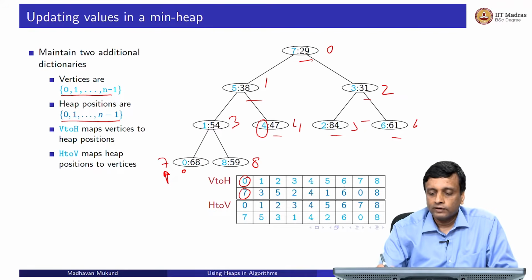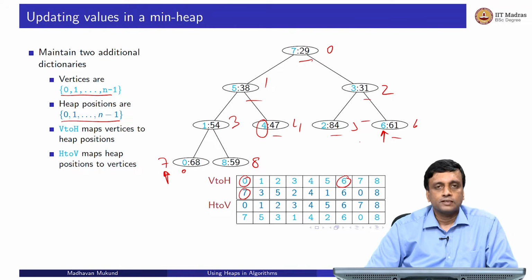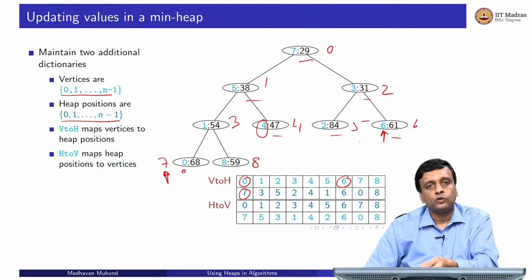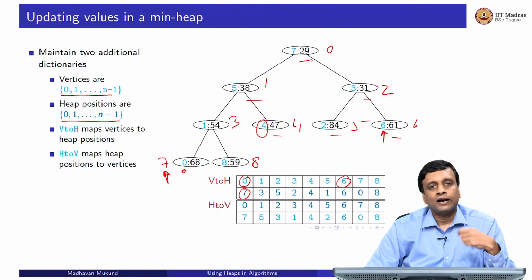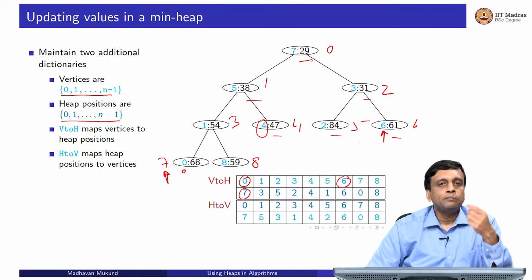If I look at vertex 6, it says position 6, and indeed at position 6 I have 6. So this is my vertex to heap map. Given a vertex j that I want to update, I look up the value for key j in this V to H dictionary, and it will tell me which node in the heap has that value.